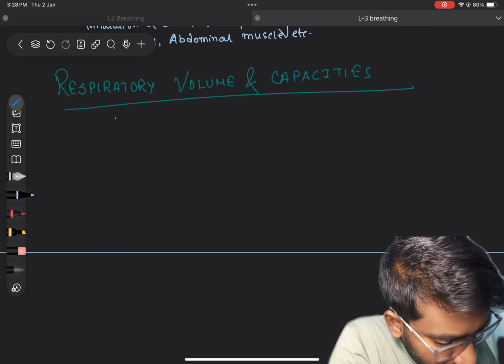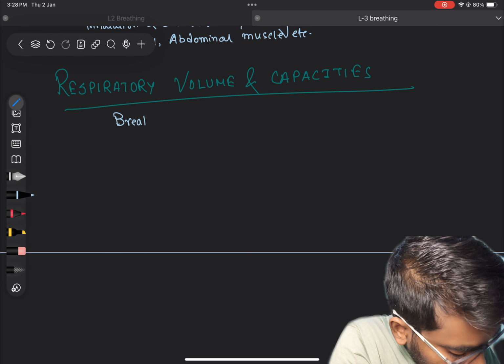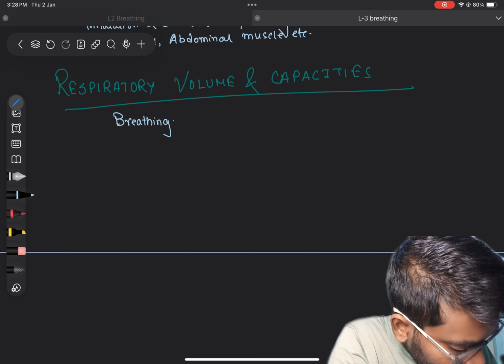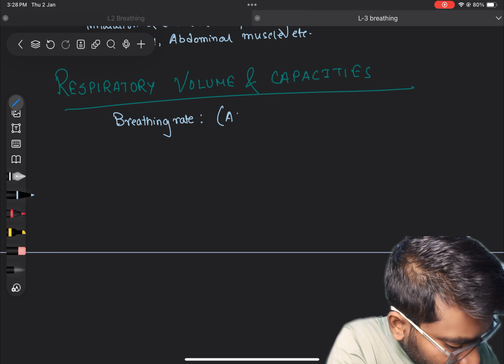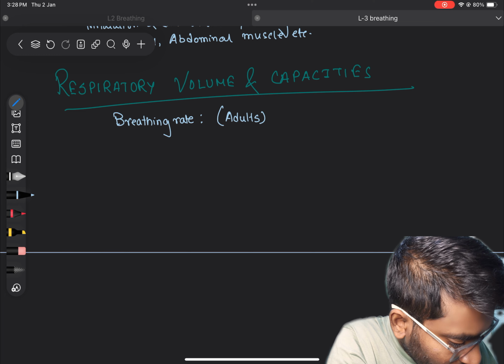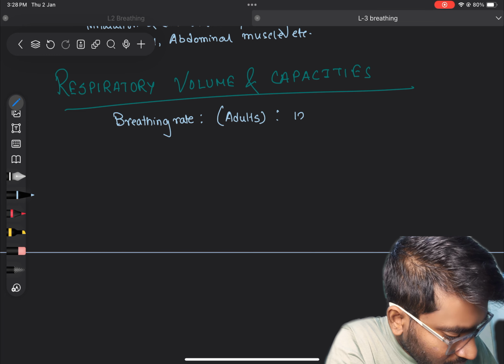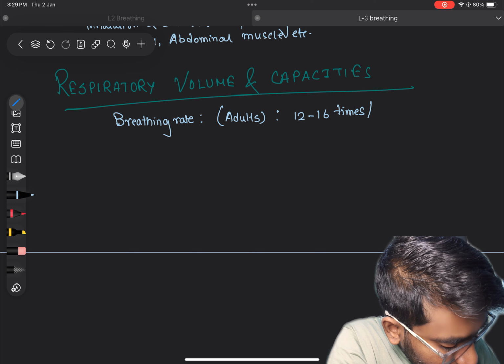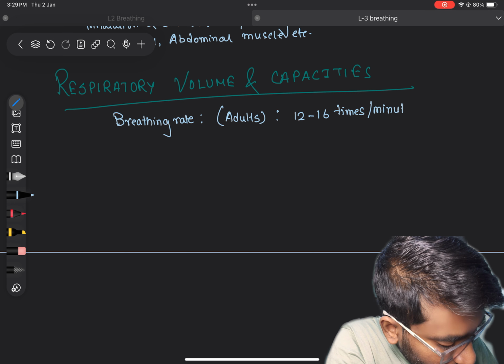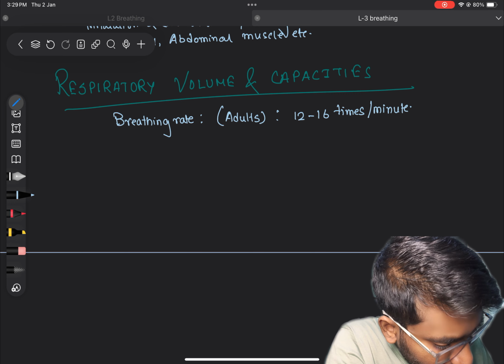Now the breathing rate in adults is 12 to 16 times per minute.